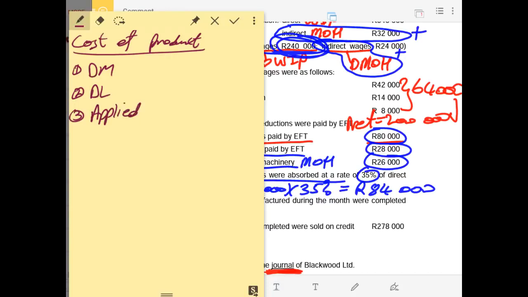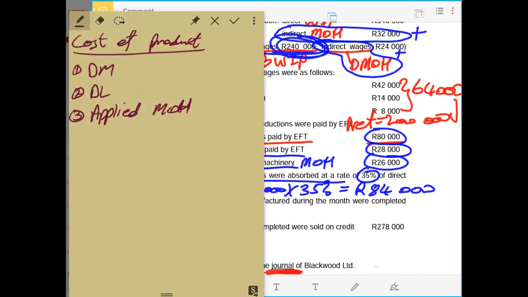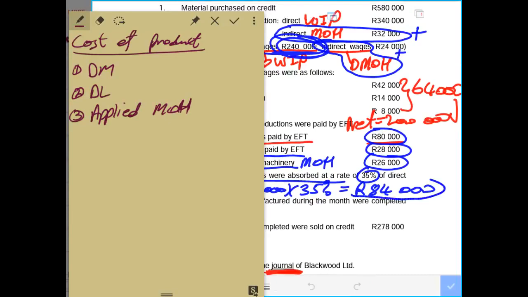Not just manufacturing overheads, applied manufacturing overheads. And when I'm saying applied manufacturing overheads, I'm referring to the 84,000 rands that I've just calculated for you, where we say the predetermined overhead rate, which is 35%, then we multiply that by the actual base, of which the actual base will be the actual direct labor cost.